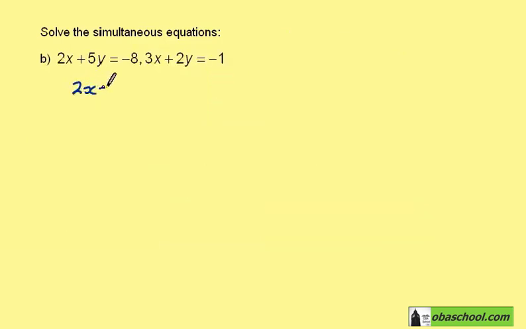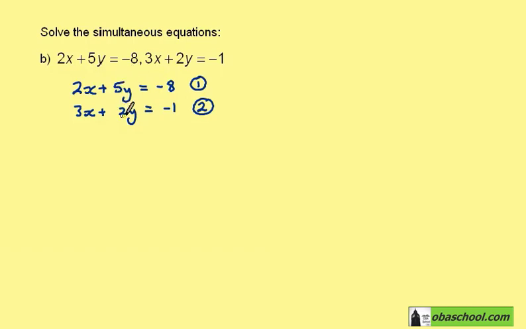We now have 2x plus 5y is equal to minus 8, and 3x plus 2y is equal to minus 1. We have a different number of x's and of y's.